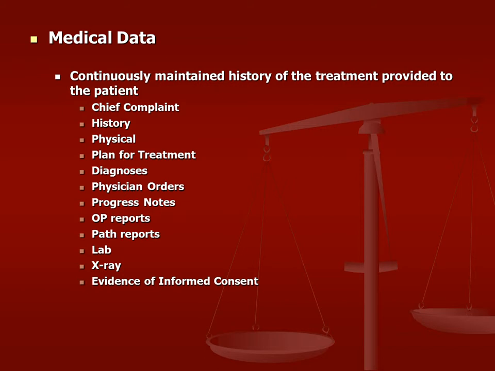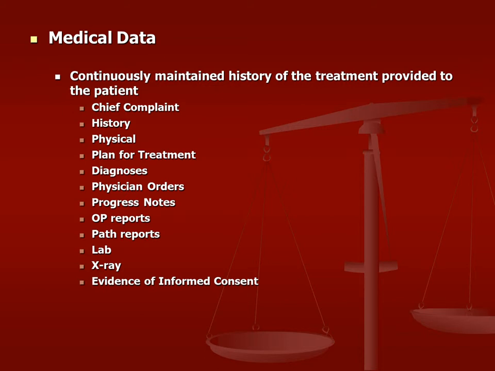And then at the bottom it talks about evidence of informed consent. We're going to talk about consent, and we're going to define informed consent versus not being informed. The evidence that the consent was informed is usually on a form that the patient signs.